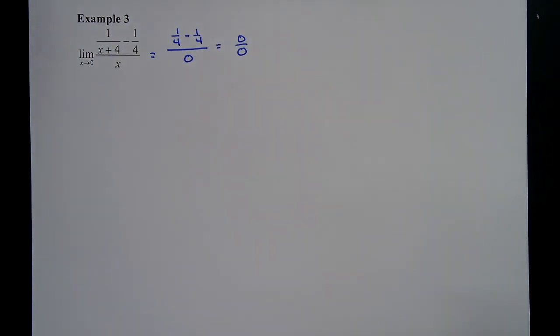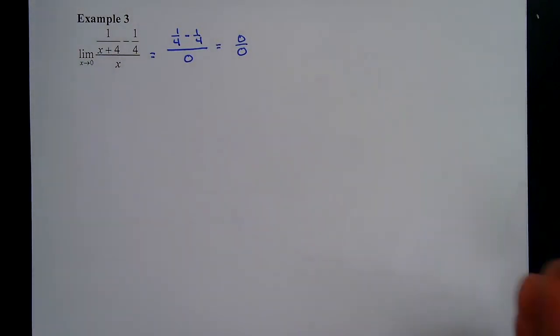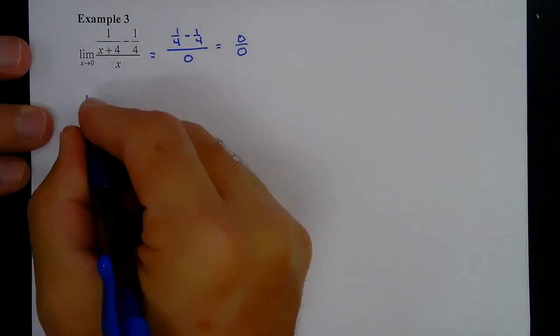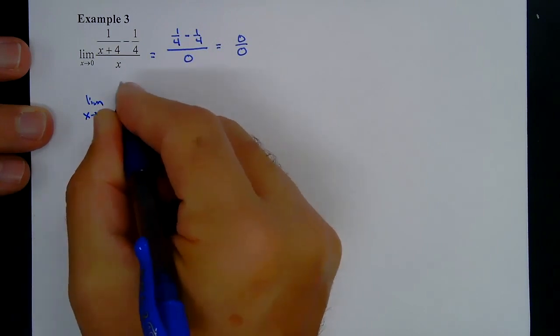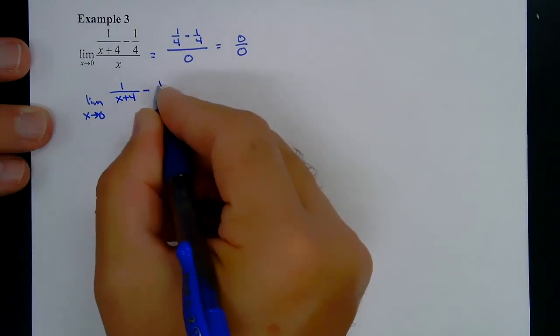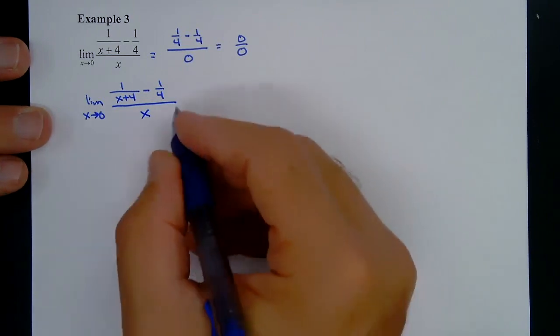All right, so how do we fix this one algebraically? Well, you have to realize we have a complex fraction here. I taught you this last year too, right? So we're going to write this as the limit as x approaches 0 of 1 over x plus 4 minus 1/4, all over x, okay?